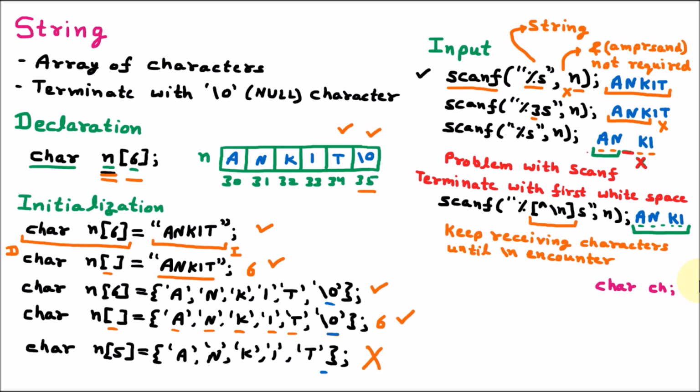If I want this character from the user, simply we can say ch, which is the variable name, is equal to getchar. We know that by saying char ch, one variable whose name is ch will be declared inside the memory. Let's say the address is 40.